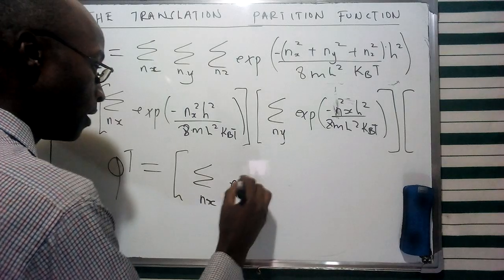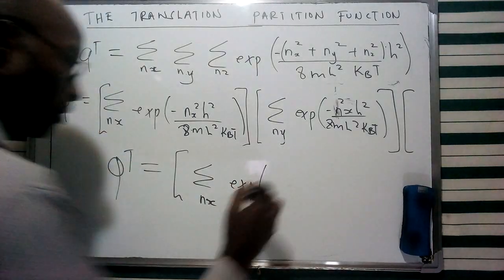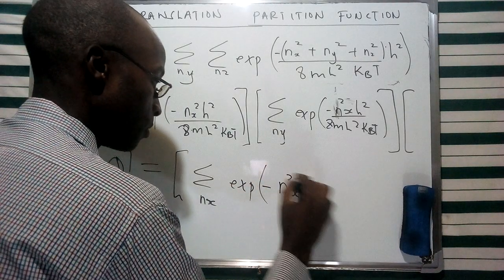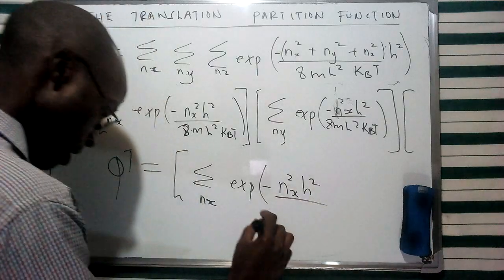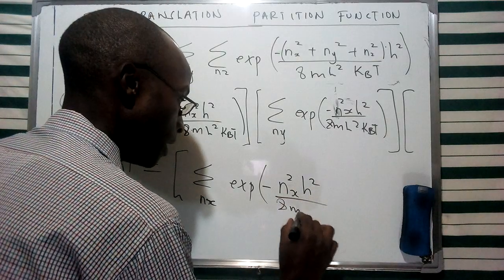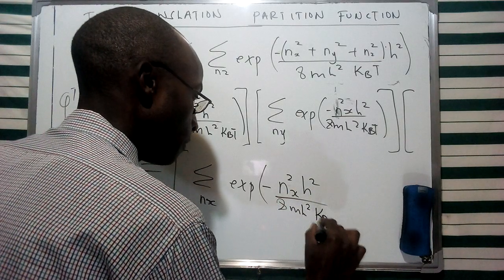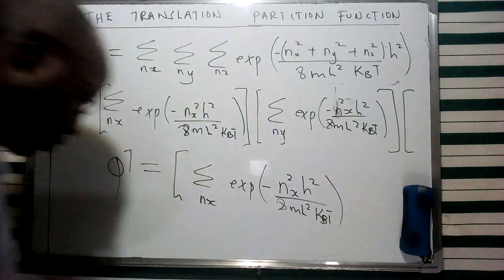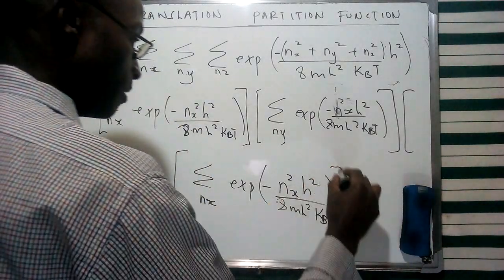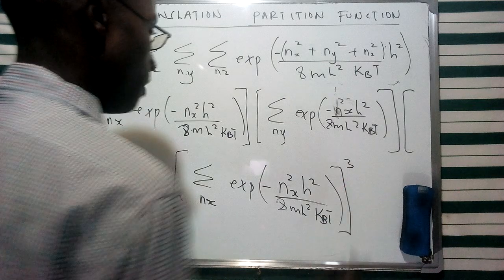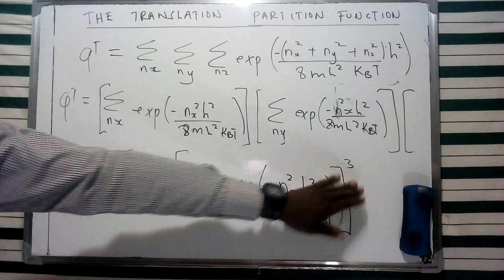And this is going to be given as an exponent of negative nx squared h squared over 8 ml squared kBT. And these are going to represent the various states of these three particular functions, and we're going to have a cube of this one.